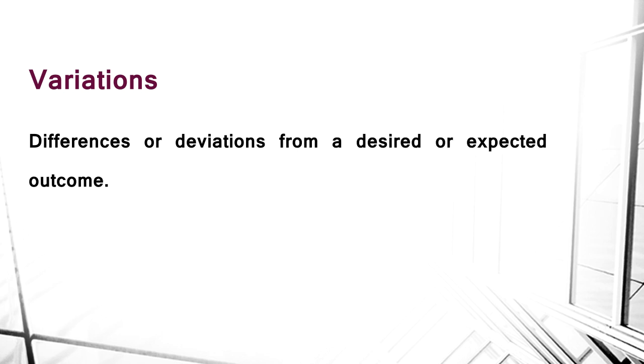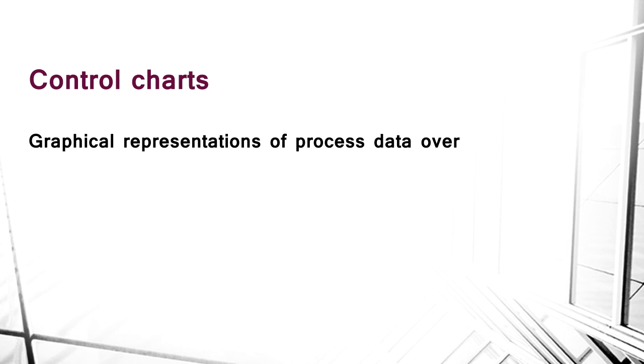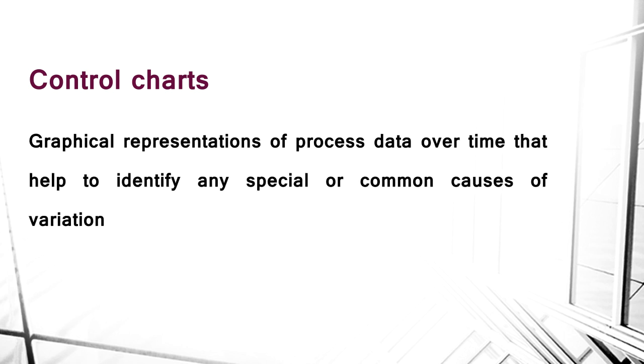Special concept: variations. Definition: differences or deviations from a desired or expected outcome. Important word: control charts. Definition: graphical representations of process data over time that help to identify any special or common causes of variation. Important word: defects.